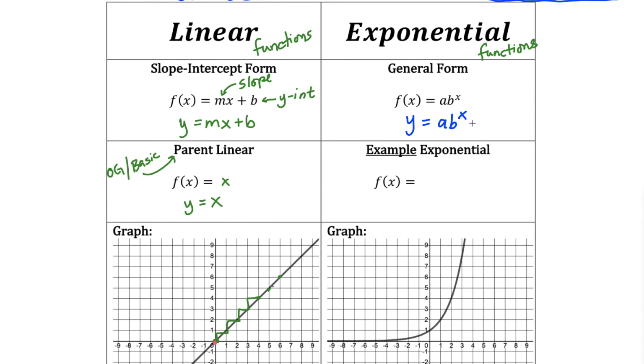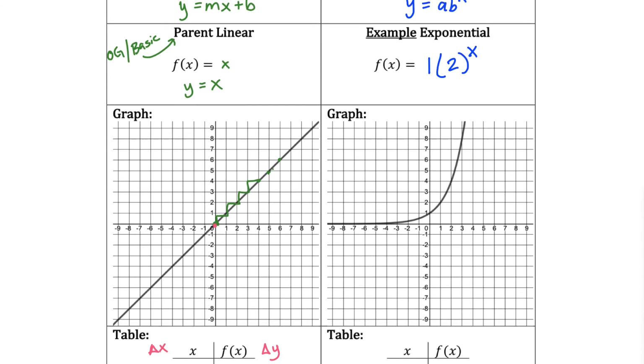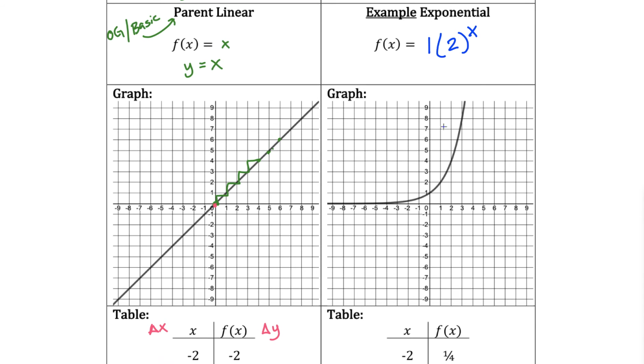Now there is no parent to this thing. There's no original one, so to speak. I'll give you an example though. We'll do 1 times 2 to the power of x. So if you notice, we start at 1.